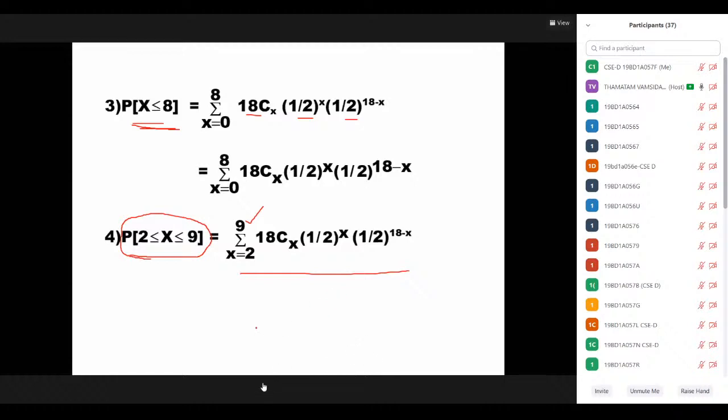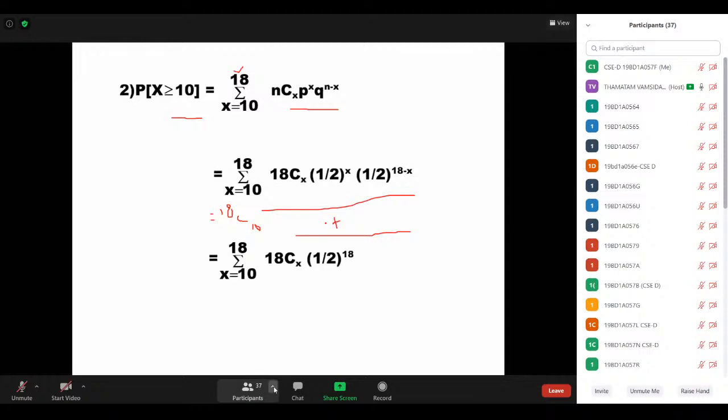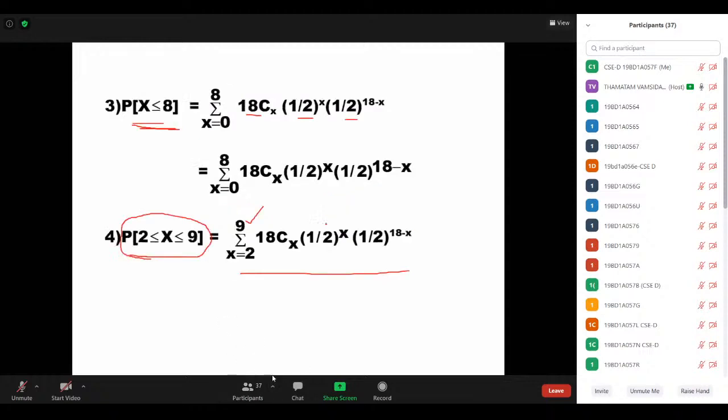Expand the summation, substitute and simplify, and you can get the required probability. I think all of you understood this concept in binomial distribution. First, read the question carefully and decide what n is, what p is, what x is, and what they are asking.